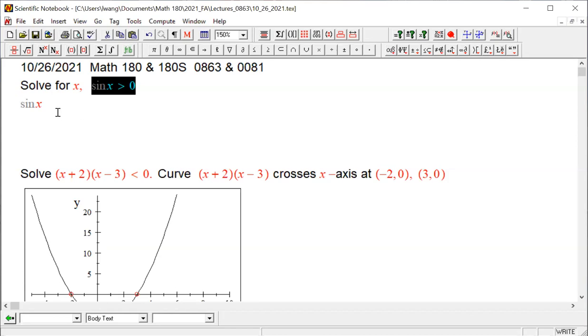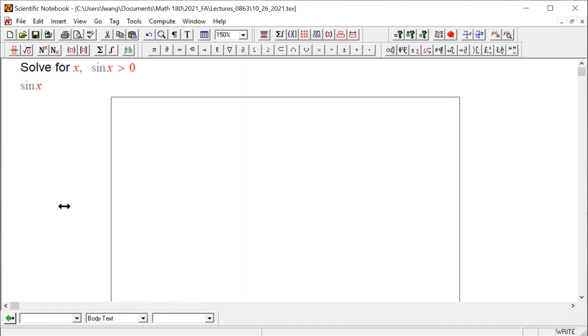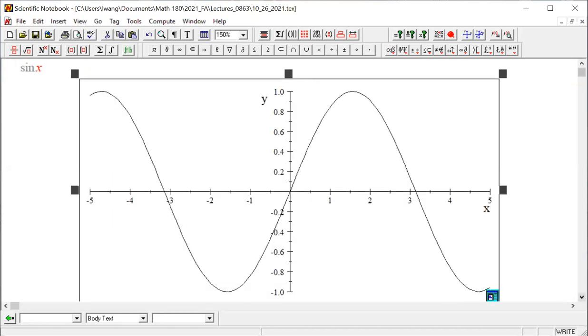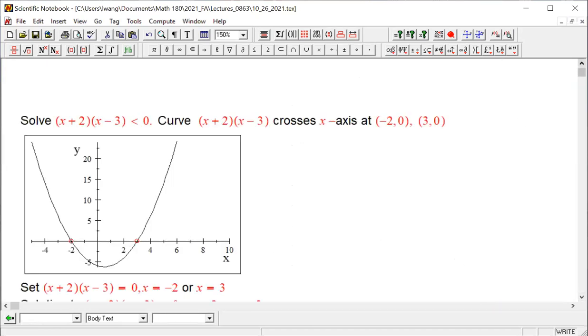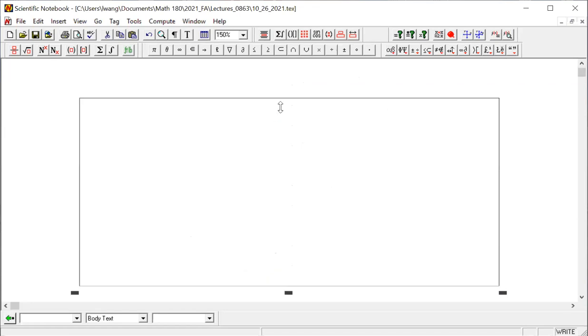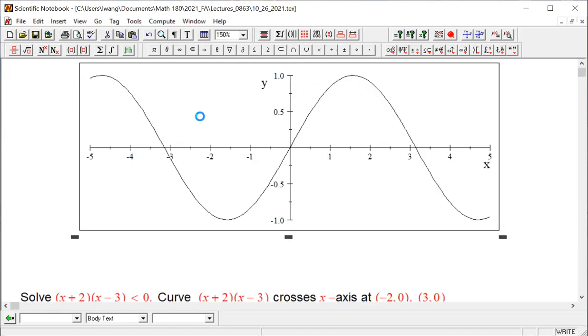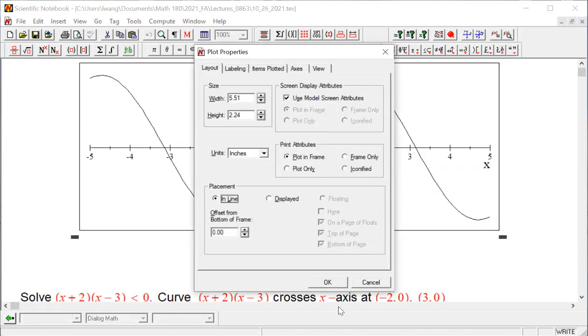How much algebraic manipulation can you do? Very little. But if you look at the picture of sine, what do you see? You need to understand the nature of the question, don't you?